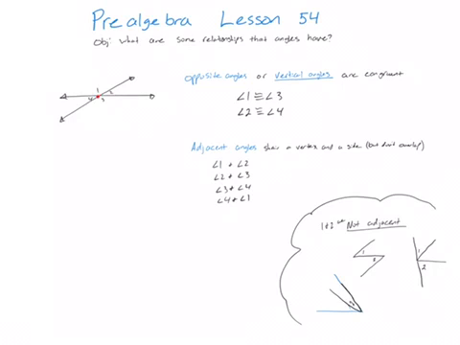They share this vertex right here, and they share this side right here, but they don't overlap. 2 and 3 similarly are next to each other. They share that vertex and they share this side. 1 and 3 are not adjacent. Those are what we call vertical. Because they share a vertex, they don't overlap, but they don't share a side.